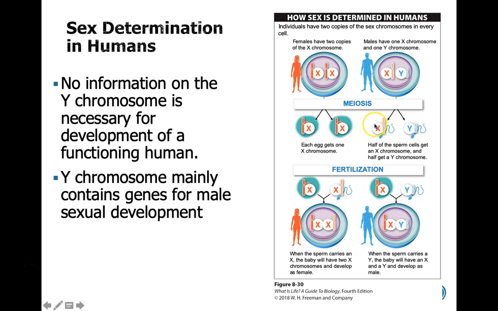One sperm gets an X, one sperm gets a Y. If that sperm with the X chromosome is used to fertilize an egg, that individual is going to be female. So we see here how the male determines the sex of the individual. If the sperm carrying the Y is the one that fertilizes an egg, then we get a male. So again, we can see that by the specific donation of the chromosome in the sperm, we get the sex of the individual.